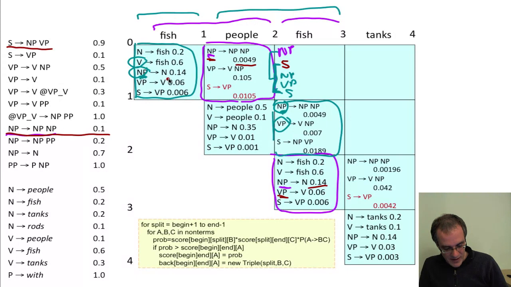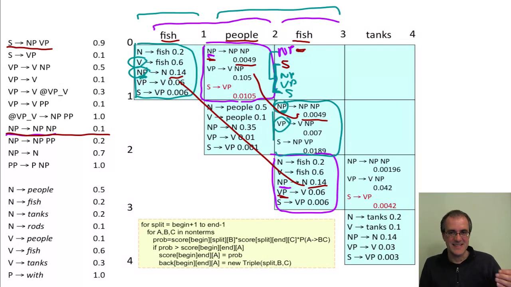And if you go to the green one, it's 0.14 here, which is the same as there, and 0.0049, which is the same as there, reflecting the fact that both ways of doing it, you're using the word fish twice and the word people once. So actually both ways of making an NP have identical probability. So in practice, when you have ties like this, these parsers just choose one analysis, the first one they come across, but you can just say they choose one analysis randomly.